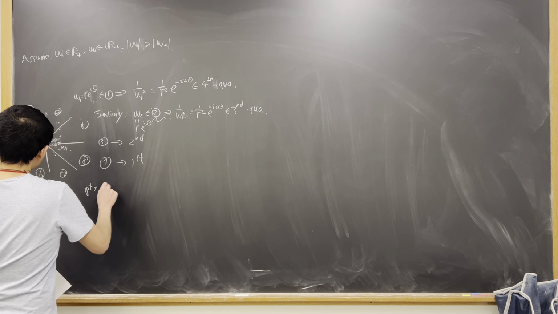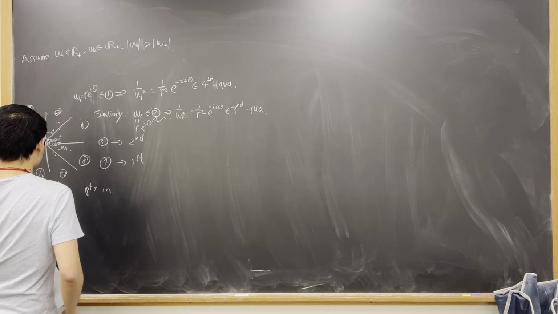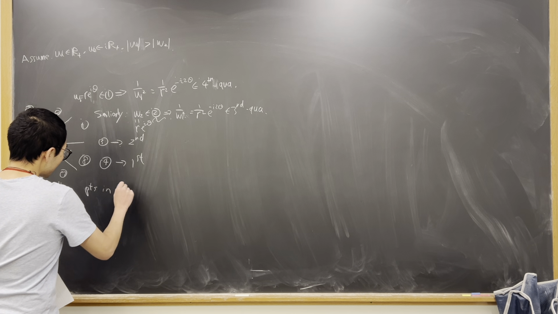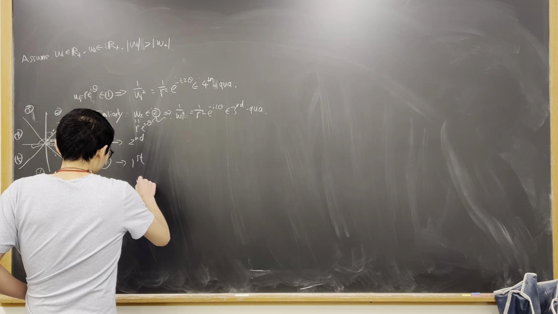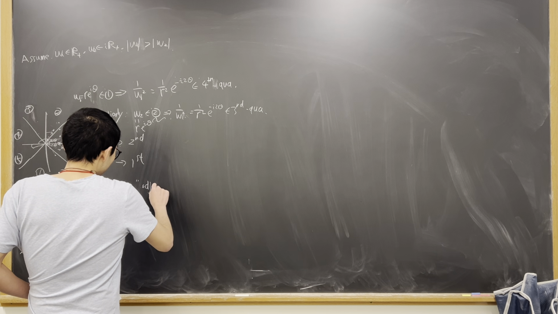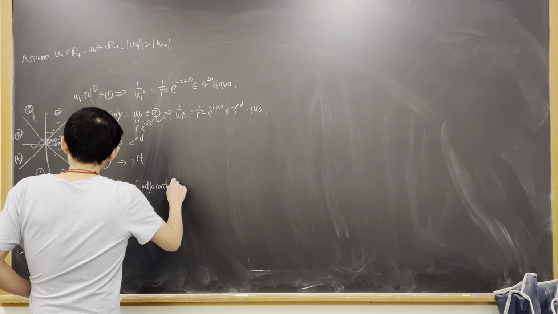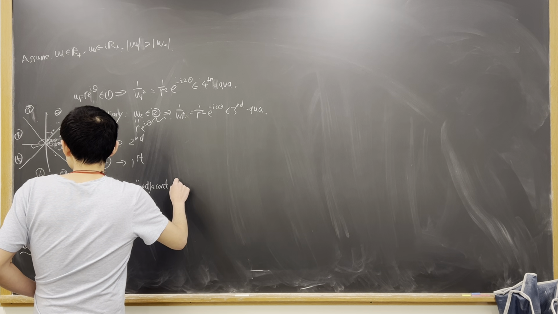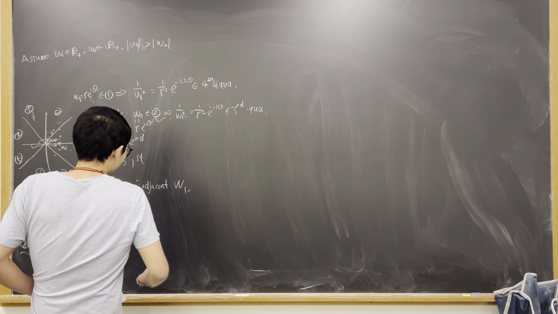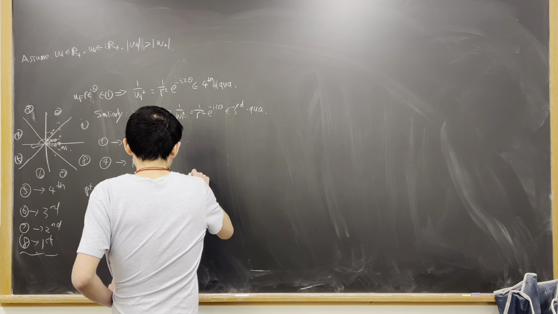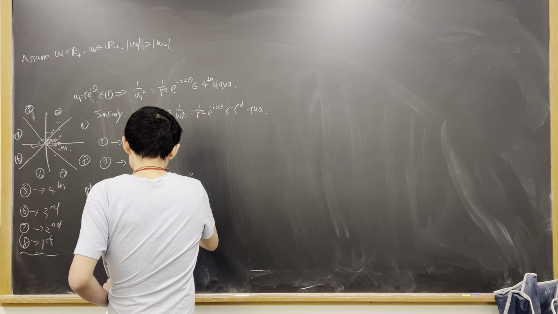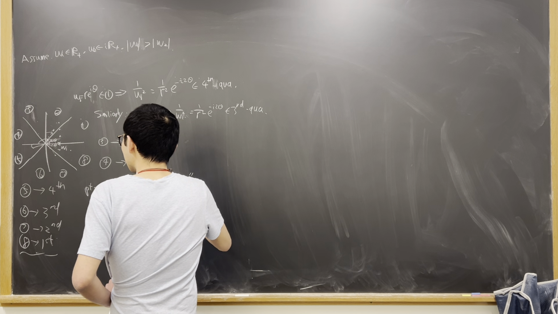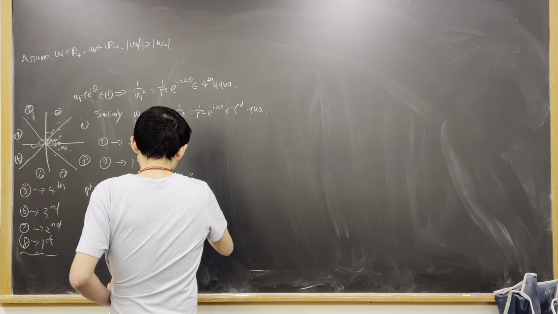points, let's say points in region 8. Roughly speaking, okay, it has adjacent to be the omega 1, and then the opposite to be omega 2.